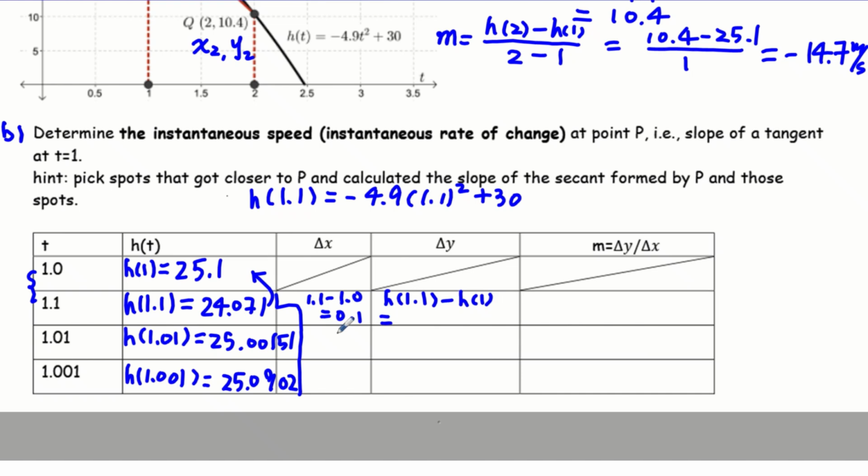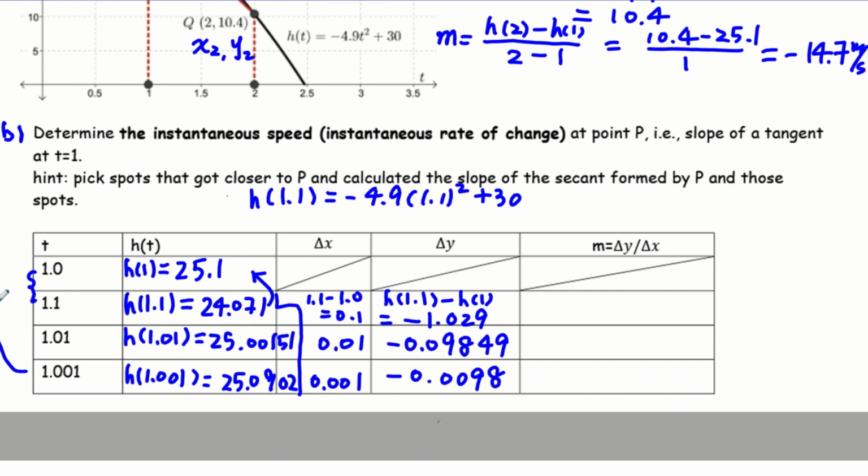Then continue to fill in this chart. So I did the calculation here. Then this minus this number gives you negative 0.09849. This h at 1.001 minus h at 1 gives you negative 0.0098.